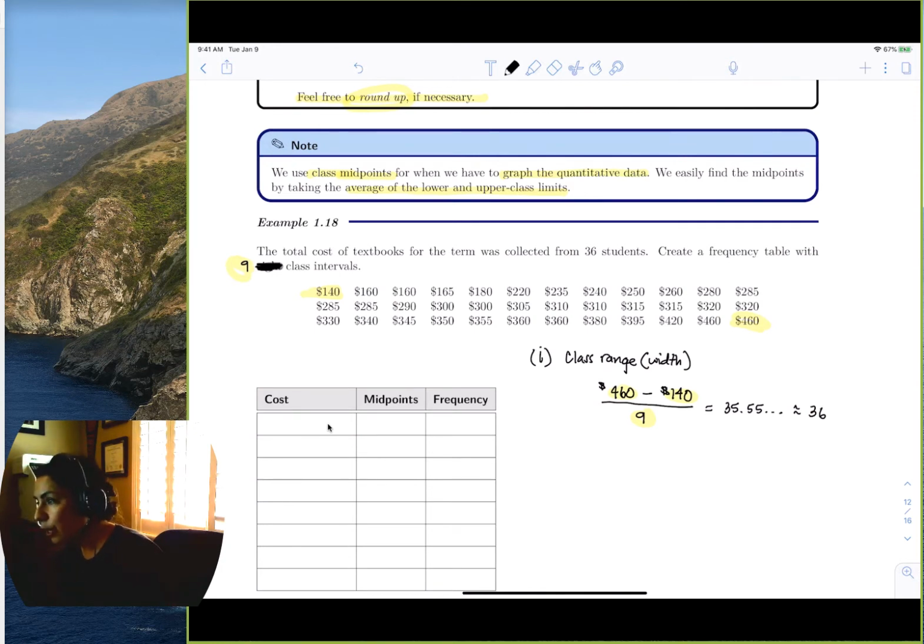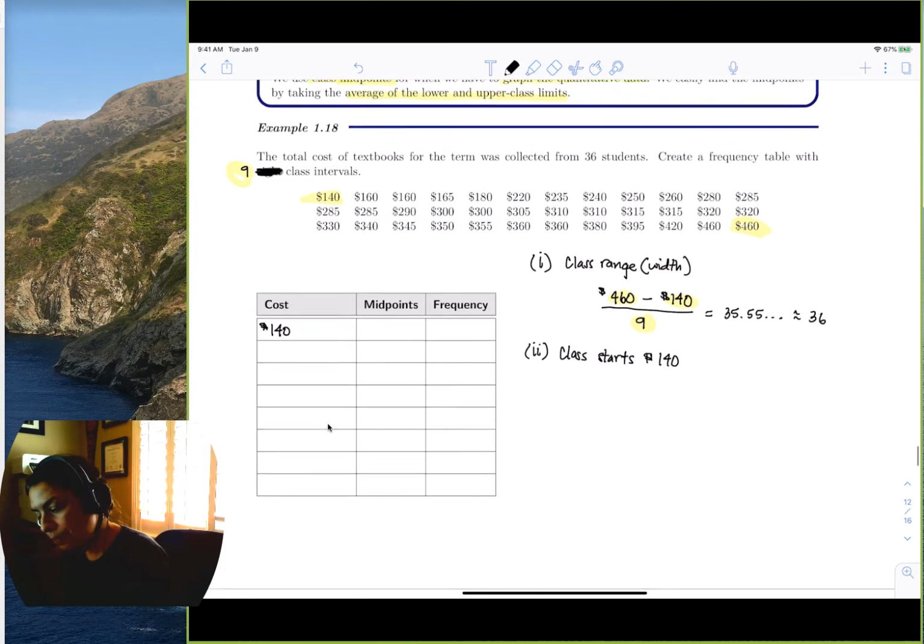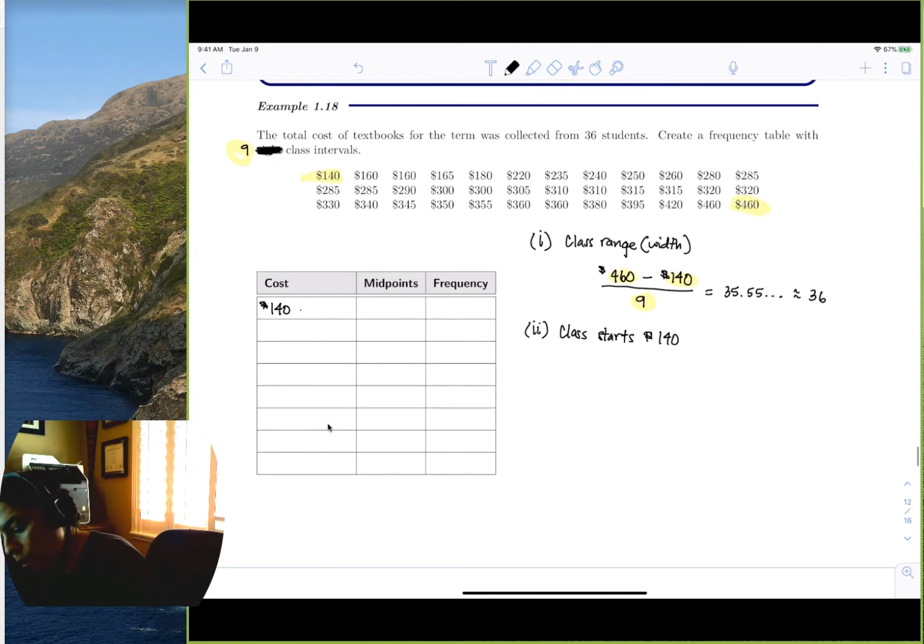The second part is that our classes start at 140, so we put 140 in the first row of cost, and then the second row, row 2, starts at 140 plus 36, which is 176.